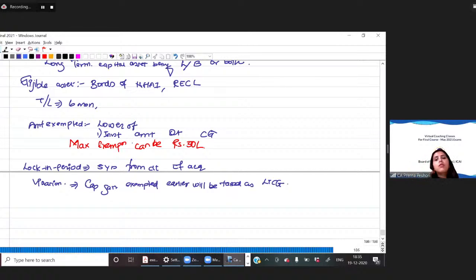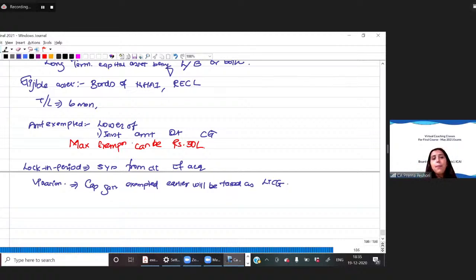But 54EC does not say the gain should be long-term or short-term. 54EC says that the asset should be a long-term capital asset. So even though the gain would be short-term on sale of a depreciable asset being building, if the asset is long-term in nature, then you can claim 54EC.